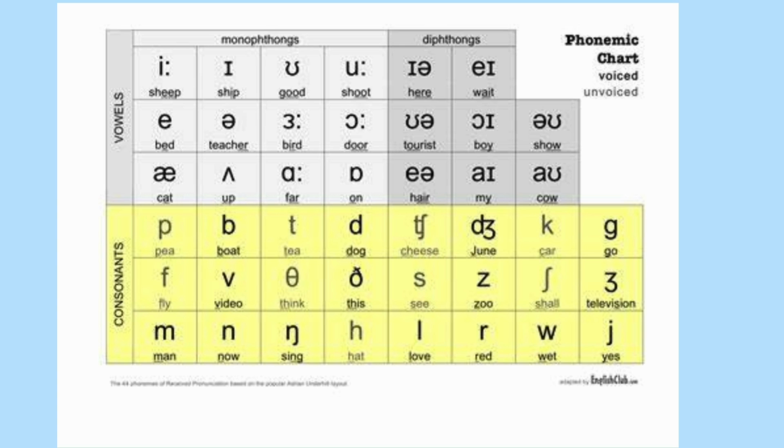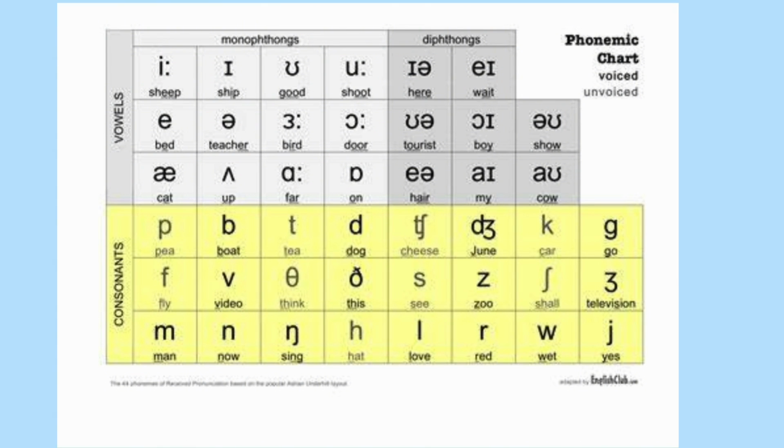Now, when we say vowels in English, this is not how we write vowels, right? We have learned it as A, E, I, O, U. But when it comes to linguistics, vowels are specifically divided into monophthongs and diphthongs.